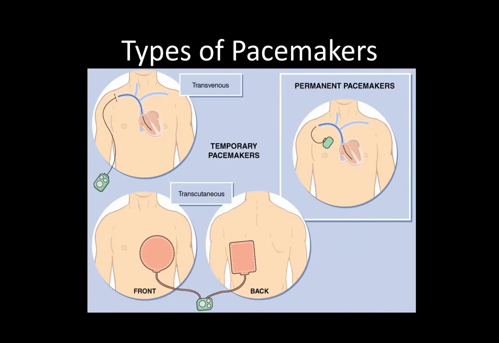The more common types of pacemakers we run into can be divided into two categories. You have the permanent pacemakers, which is what most people think about when you hear one. Grandma or grandpa's got a pacemaker now. These are ones that are actually implanted.